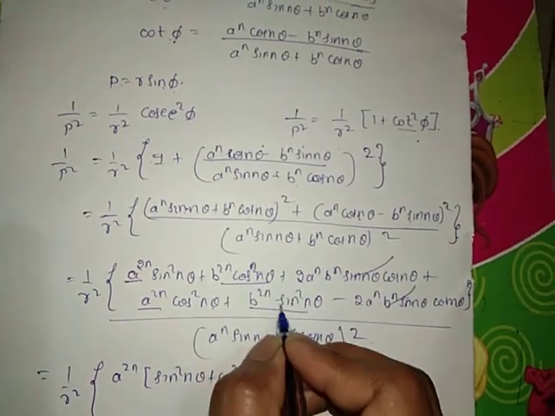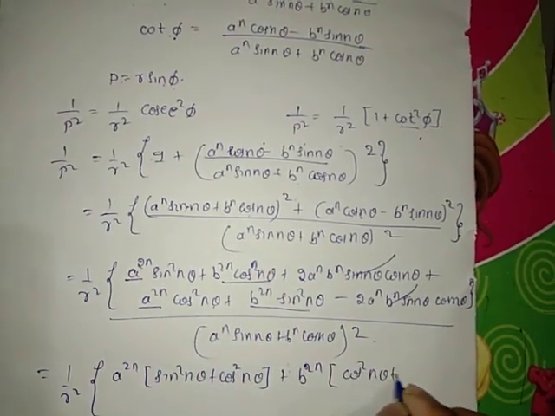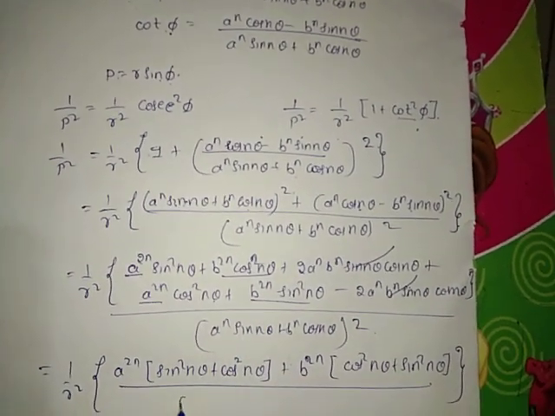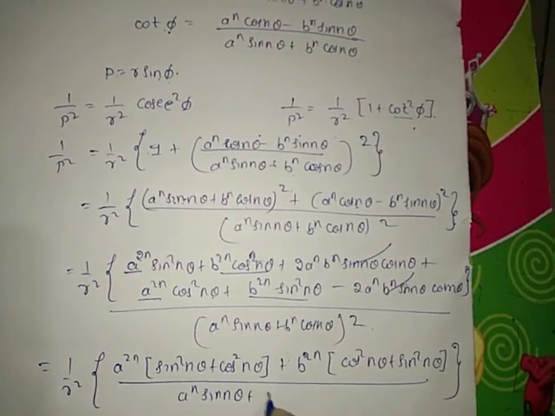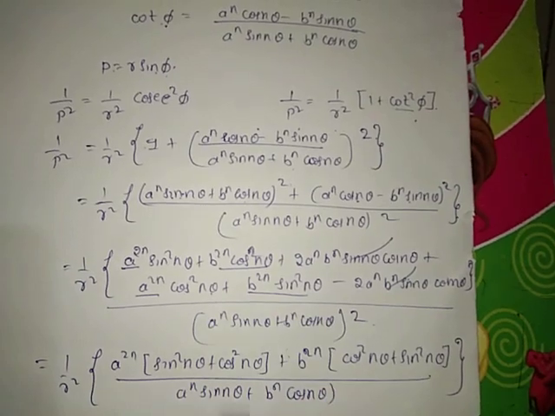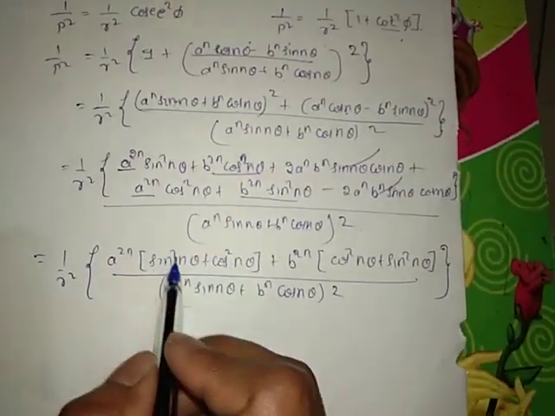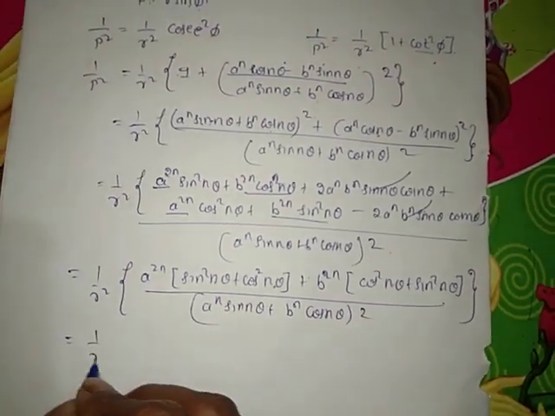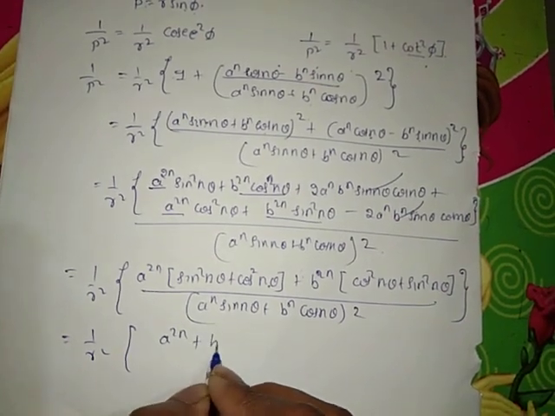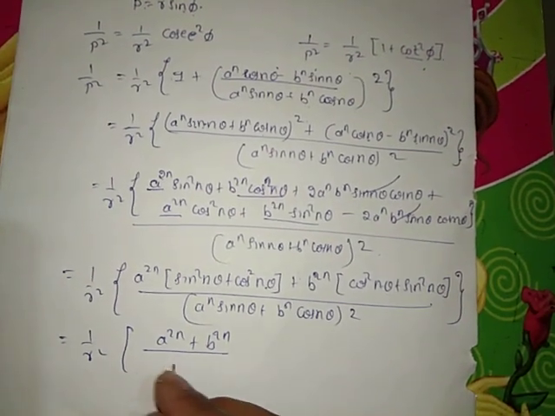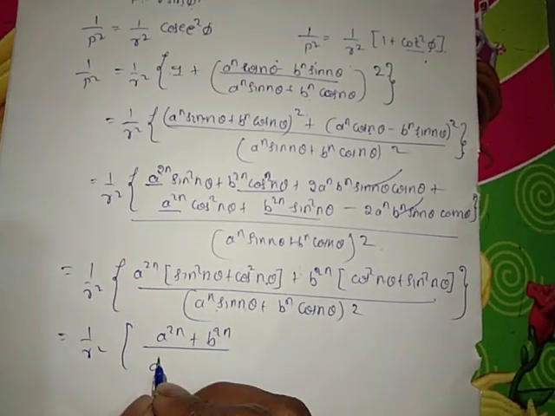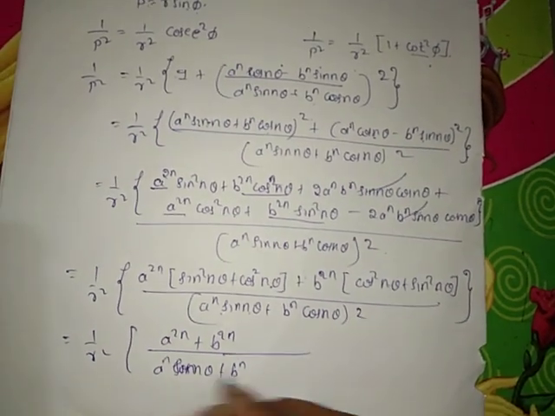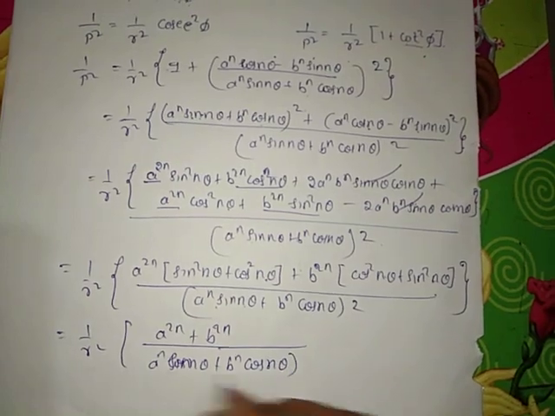Remaining is cos square n theta plus sin square n theta, divided by a raised to n sin n theta plus b raised to n cos n theta whole square. See, sin square plus cos square is 1. Cos square plus sin square is 1. So it becomes a raised to 2n plus b raised to 2n divided by a raised to n sin n theta plus b raised to n cos n theta whole square.